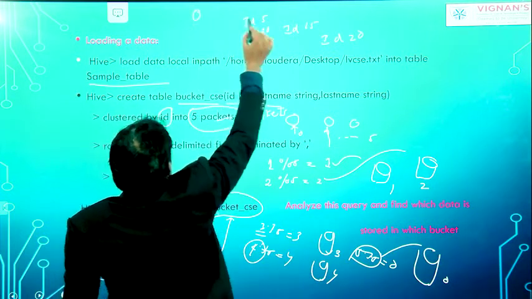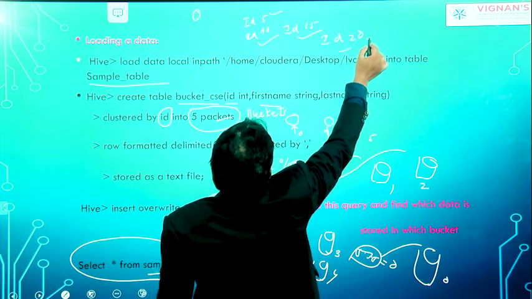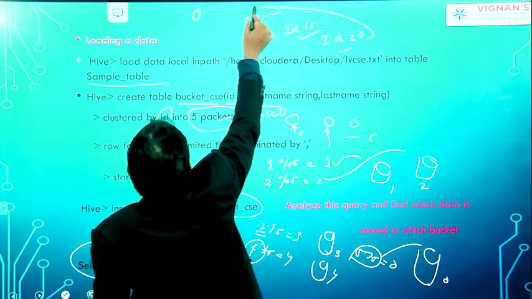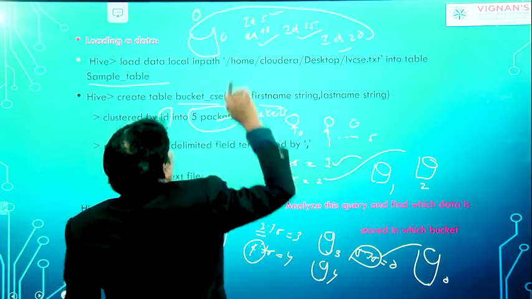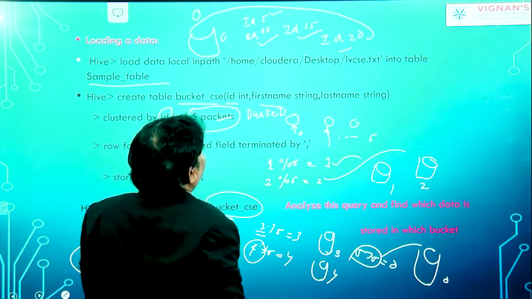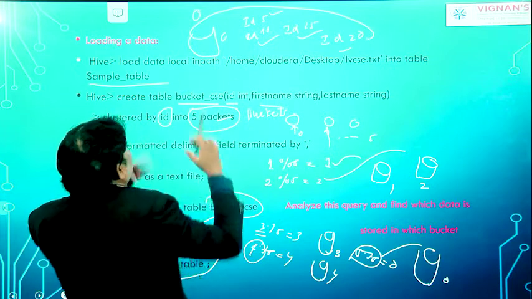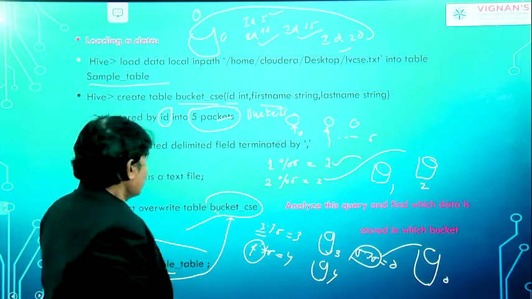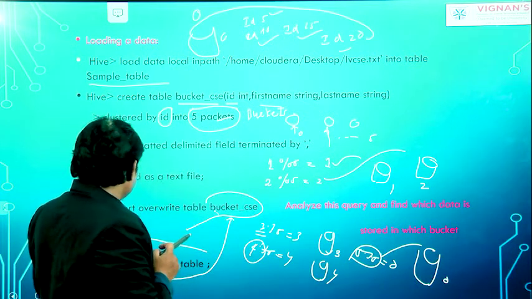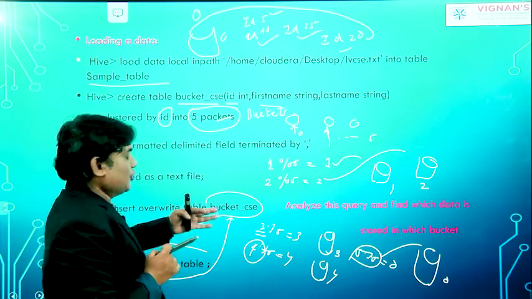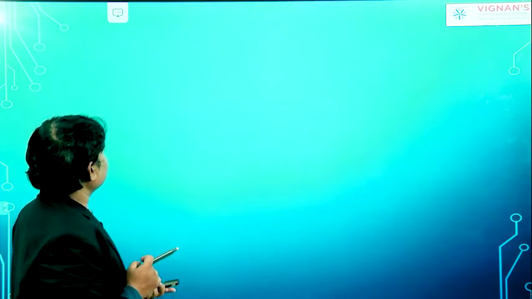It means the data for ID numbers 5, 10, 15 and 20 is automatically placed into bucket number 0. Okay, so now your bucket has been created. We loaded the information from the sample table into bucket_CSV. Now we are going to see the result like this.